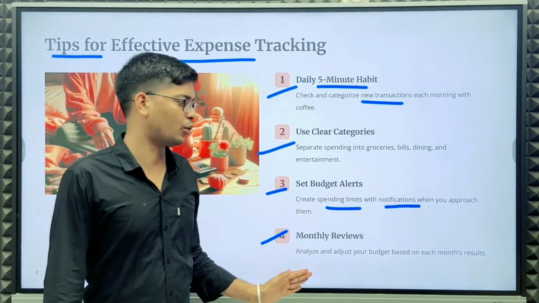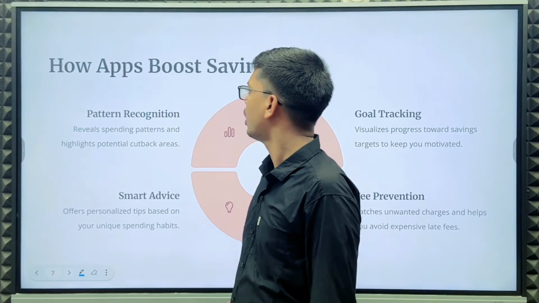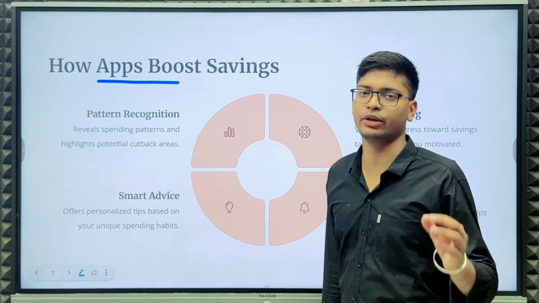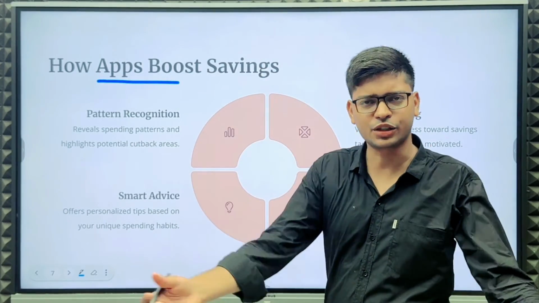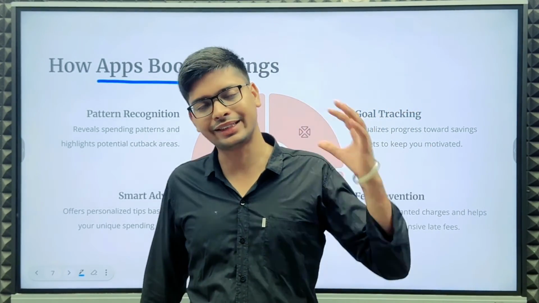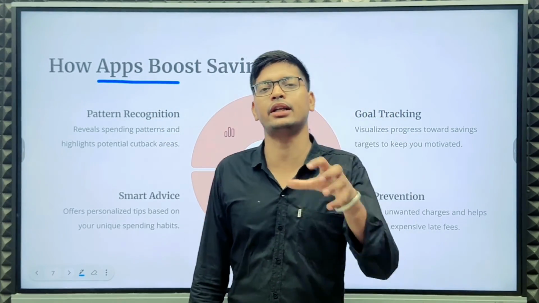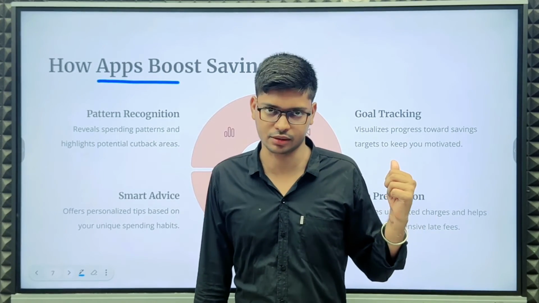Okay, next, I will talk about how apps boost savings. Can tracking apps boost your savings? Is it possible or not? I think it is very possible. If you track your expenses, you can easily and automatically improve your savings.